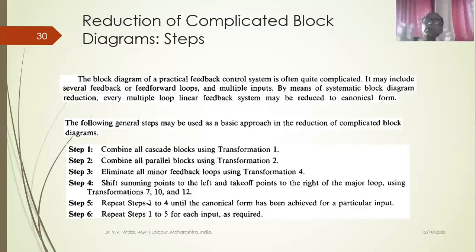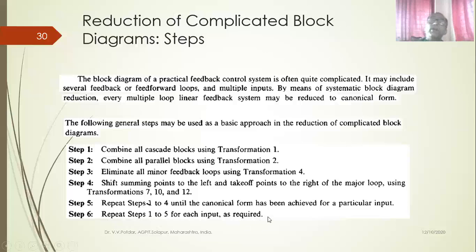I can use the rules of block diagram algebra and convert those into a single block in the forward path and a single block in the feedback path. That is called the canonical form. Then repeat steps 1 to 5 for each input as required.